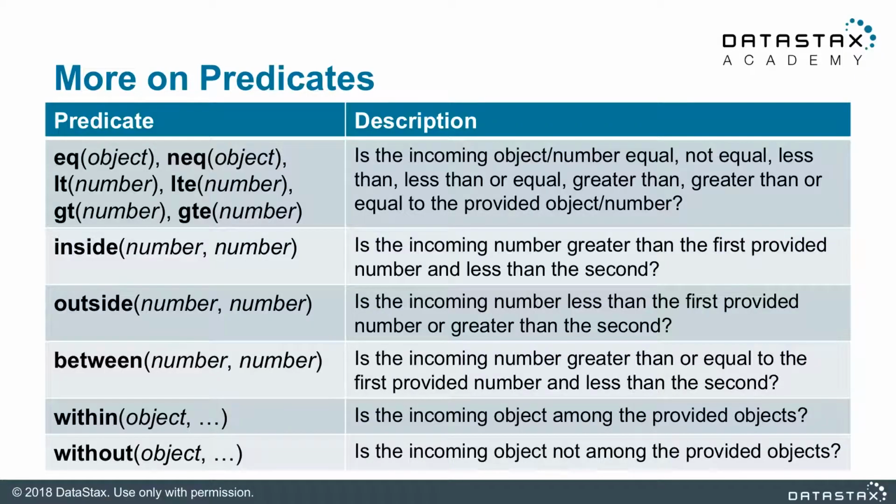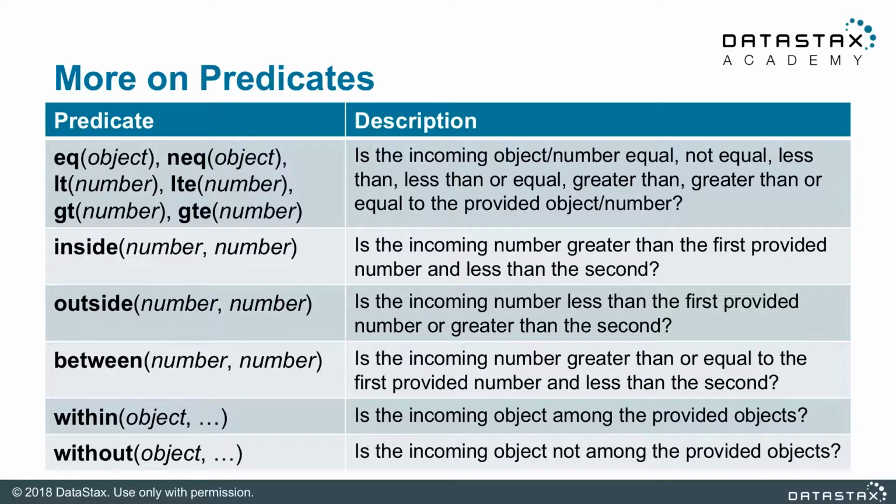Now let's learn more about predicates. Some of these are really intuitive and don't require a lot of explanation, like equal, not equal, less than or equal, greater than or equal. Those are usually used to compare values of properties. You can also test equality and inequality of objects in a graph.